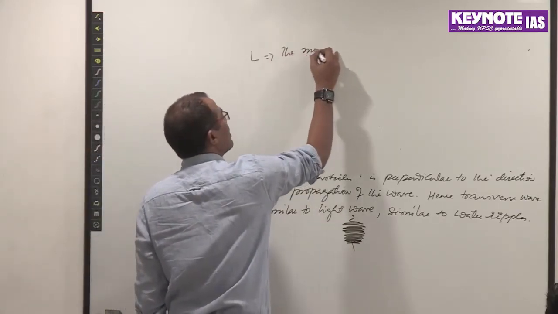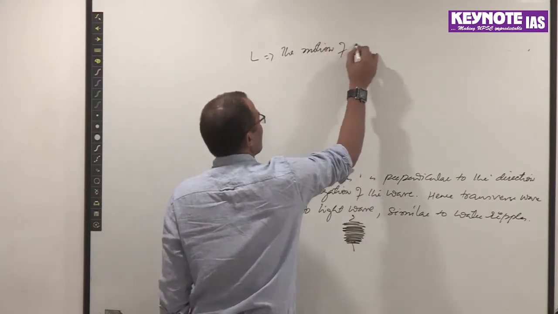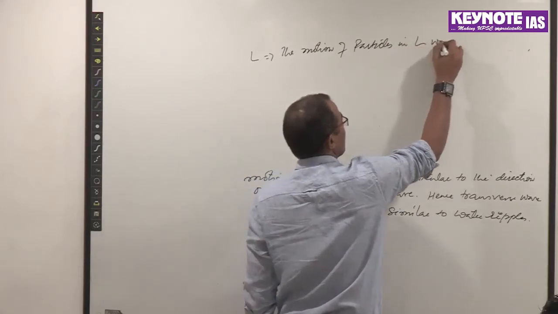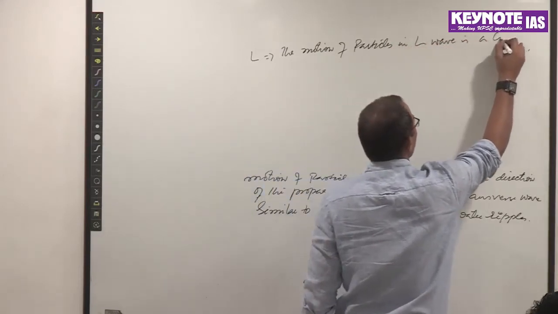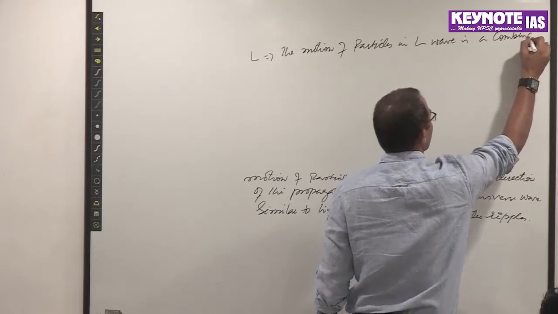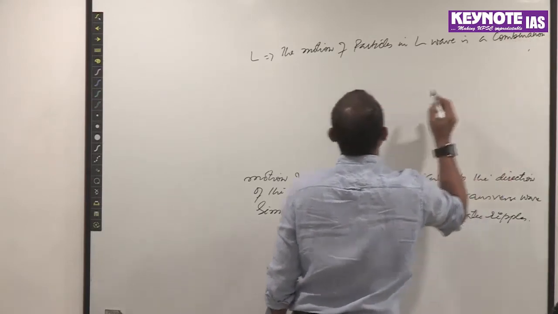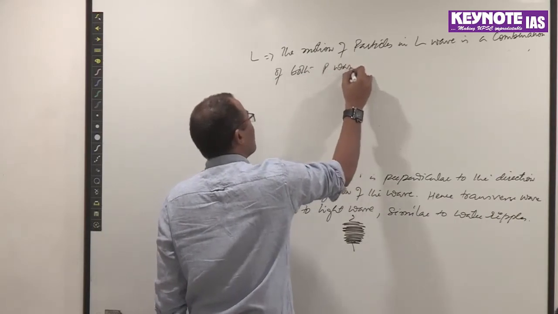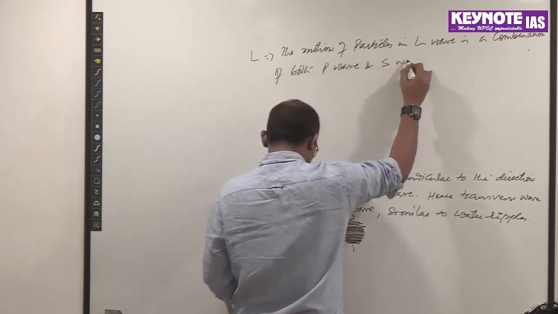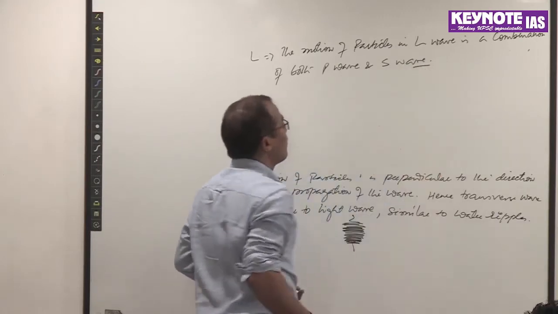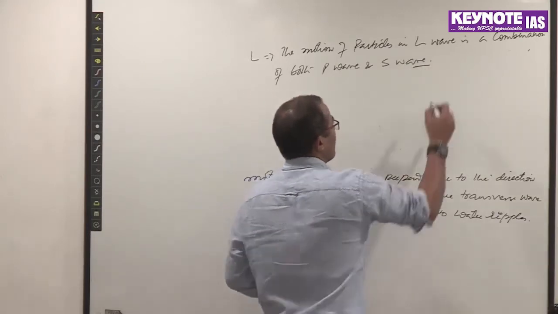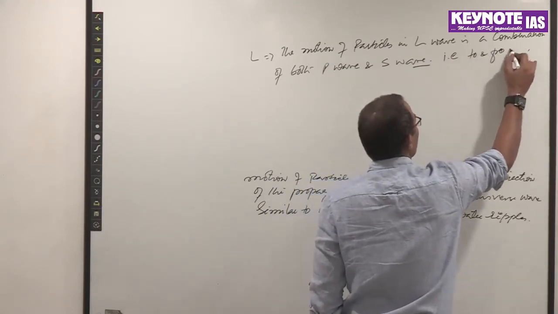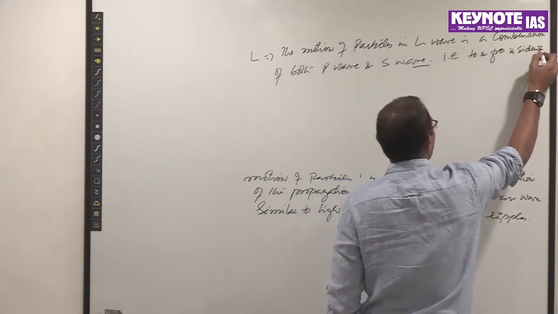the wave. The motion of particles in the L wave is a combination of both P wave and S wave, that is, to and fro and sideways as well.